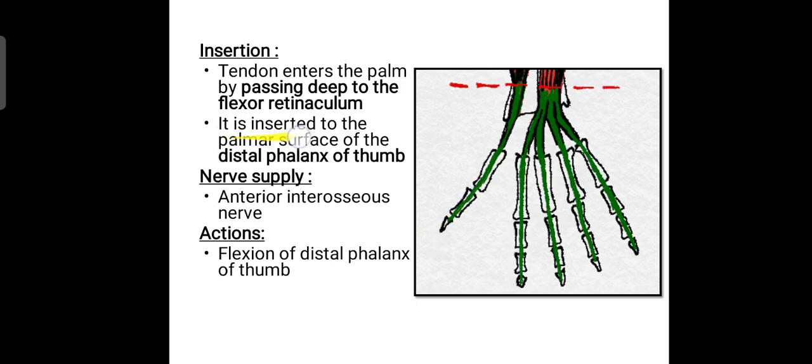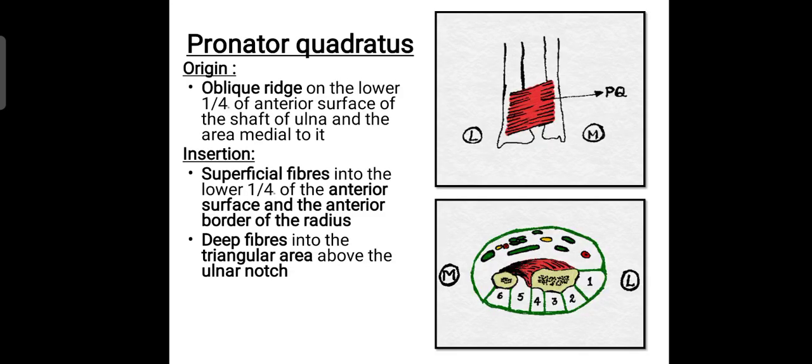Then it is inserted to the palmar surface of distal phalanx of the thumb. And nerve supply, it is supplied by the anterior interosseous nerve. And actions, it helps in the flexion of distal phalanx of the thumb. So it's very easy to remember, right? So these are the nerve supply, action, origin and insertion of the flexor pollicis longus.